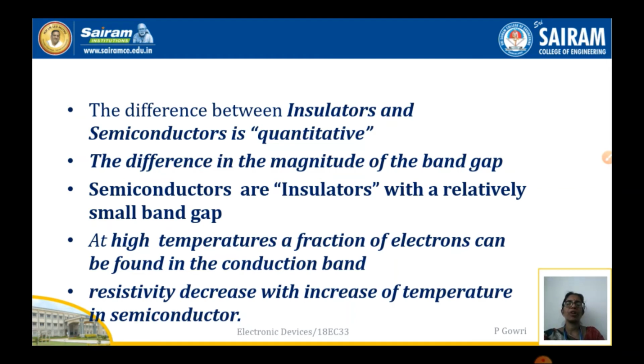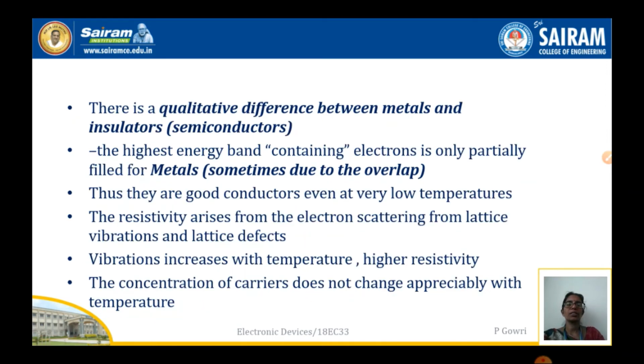That is, the forbidden energy gap will be small in the case of semiconductors, whereas the band gap will be large for insulators. At 0 degree Kelvin, the semiconductor will act as an insulator. When energy is given or at high temperature, a fraction of electrons can be found in the conduction band. So the resistivity decreases with increase in temperature in semiconductors.